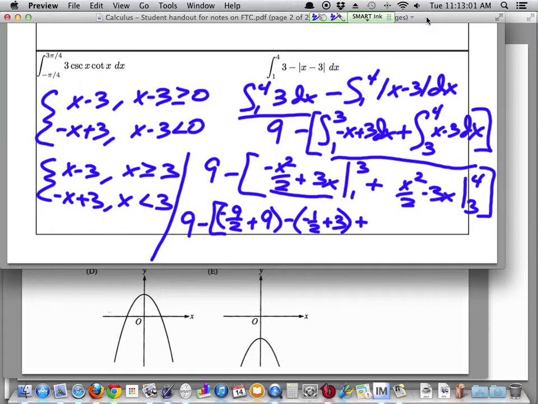So that gives me 4 squared is 16 divided by 2 is 8, and then minus 12. And I need to go minus and then plug in the second one. So I plug in 3. That gives me 9 over 2 minus 9. And to save us time, that ends up giving me 13 over 2 as my solution.